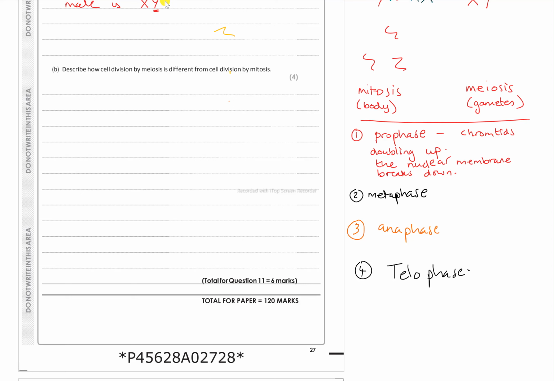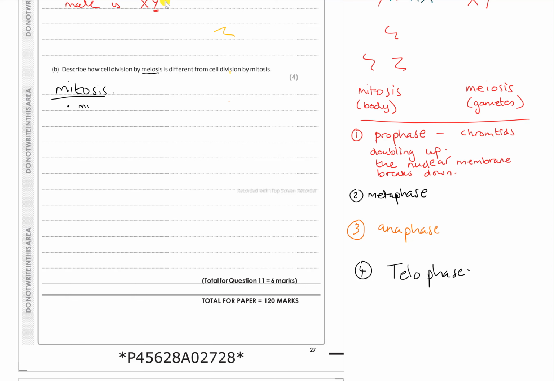So we're talking about mitosis and meiosis. So we're going to talk about mitosis, and by saying that, it's going to be different, yeah?